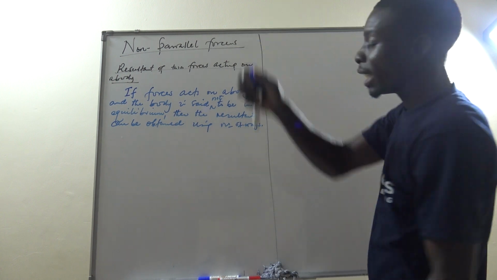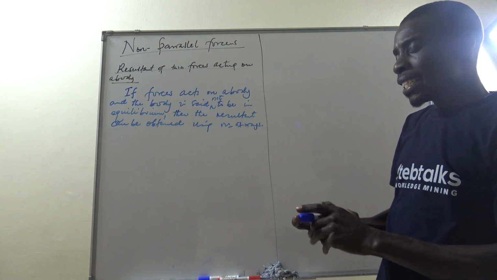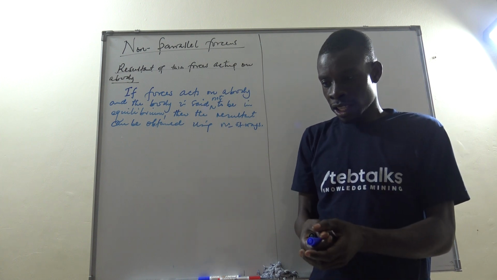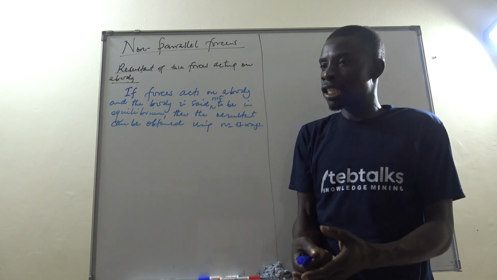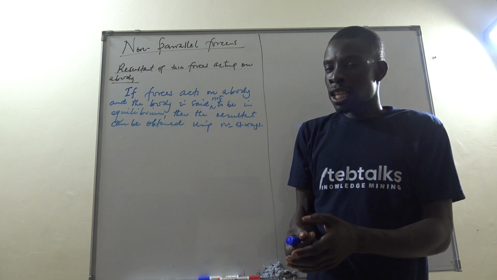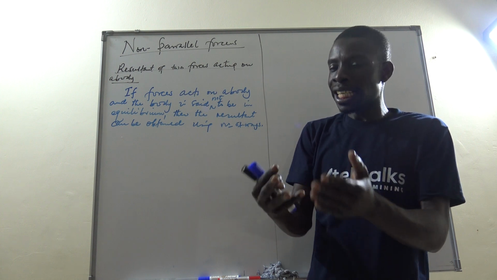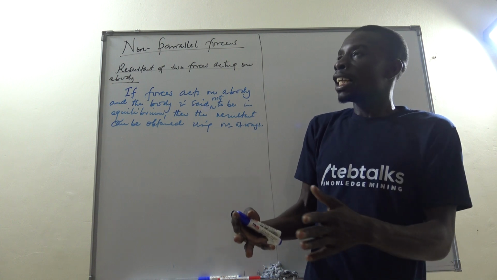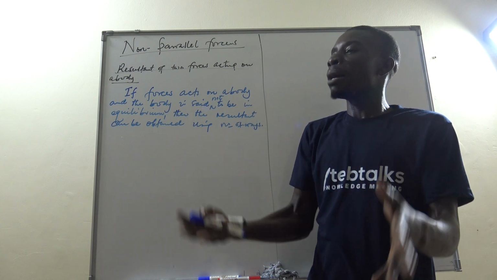Isn't it? So we are saying that in a scenario where we have forces acting on a body, but their effect is not bringing equilibrium. You know what we are meaning by equilibrium? Their effect is not bringing equilibrium.